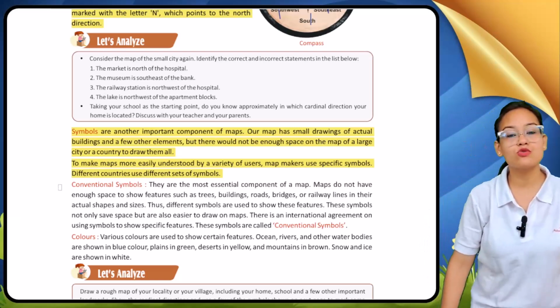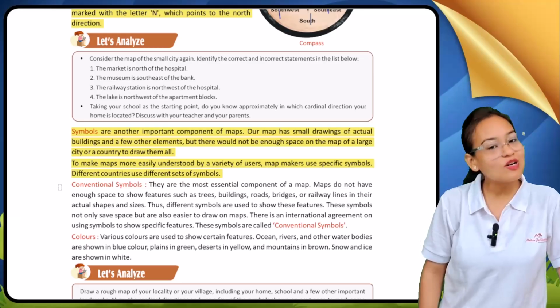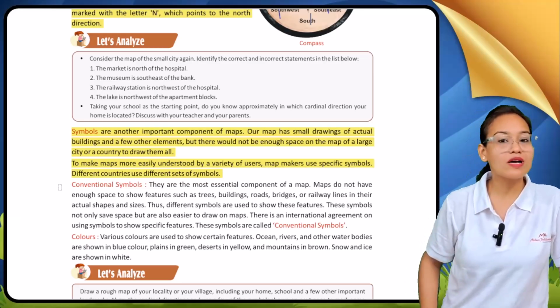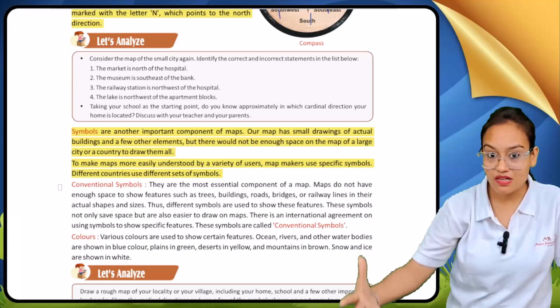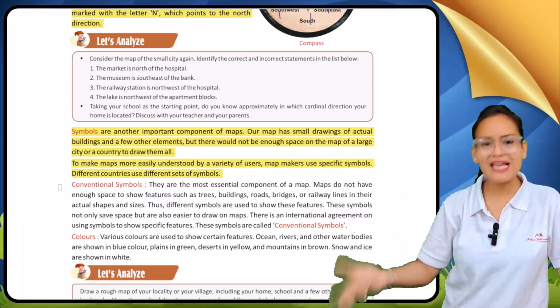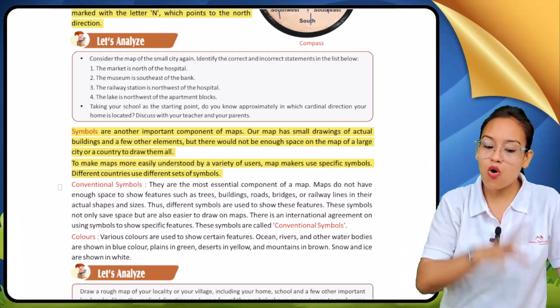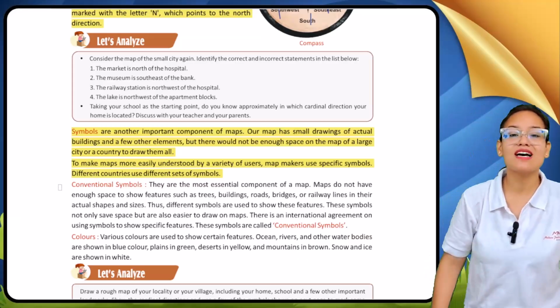Suppose you want to locate all the hospitals of the country. It is not possible to label them all. That's why we use symbols to show the hospital area, the lake area, the airport area, etc. All those are shown using what are called symbols.